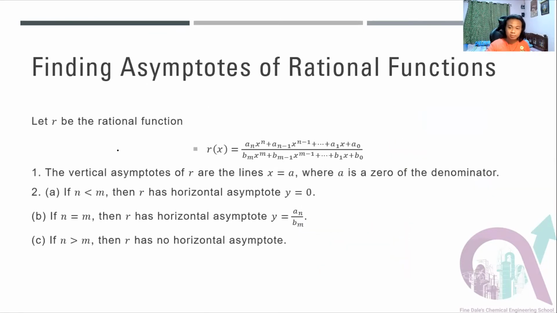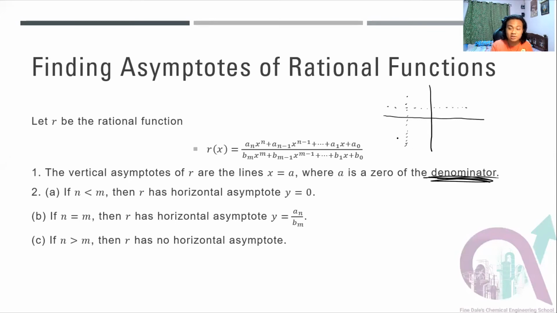Okay. So, remember, this is a general rational function. Remember, this is your vertical asymptote, and also this is your horizontal asymptote. If you look at your equation, to get the vertical asymptote, you factor your denominator.